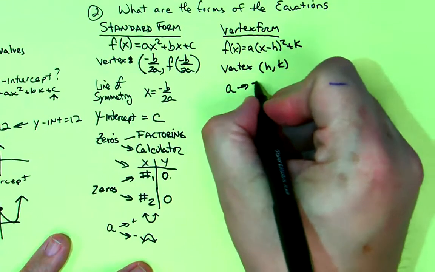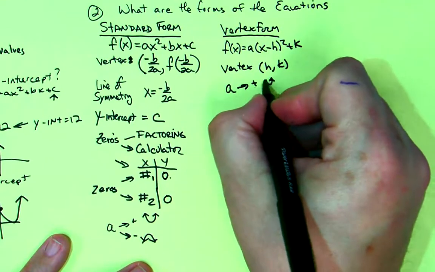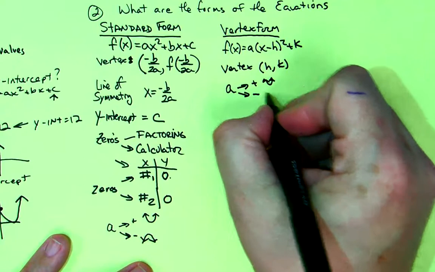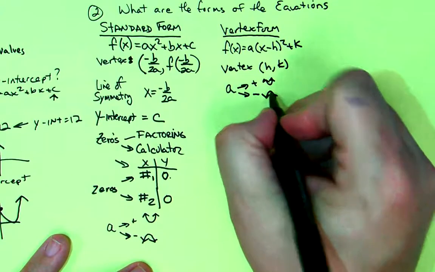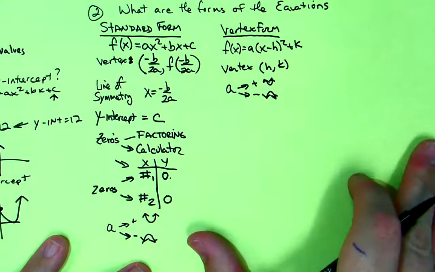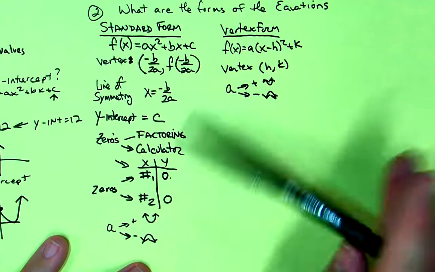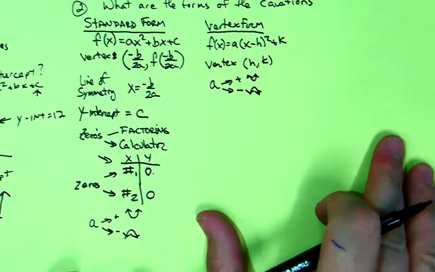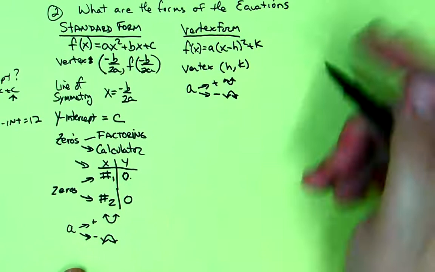A is still going to tell you if it's positive, it's opening up. If a is negative, it's opening down. And honestly, that's pretty much all you get from here. You can do table values, you can do other stuff, but that's the information we get from this form. It's not the best form on the planet to work with, but hey, it is a form.